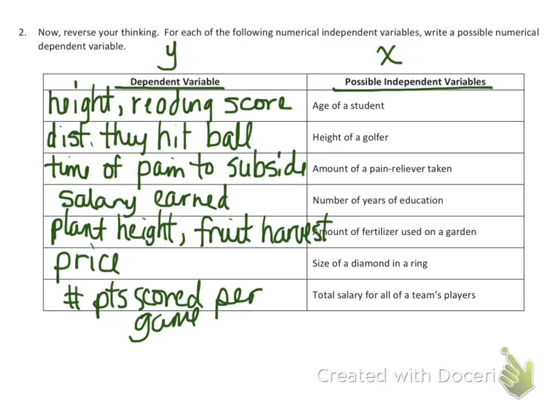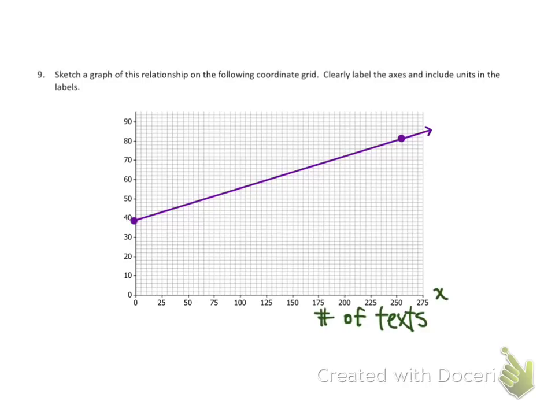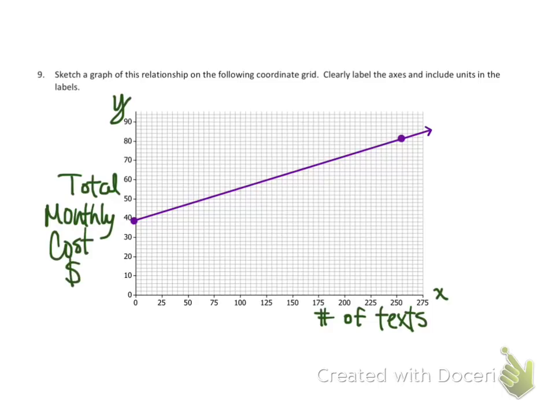And our dependent variable here is total monthly cost, and that's in dollars. It's always good to label your axes for a graph. Oh, and it even said to do it. Clearly label the axes and include units in the label. So total monthly cost in dollars and number of text messages sent.